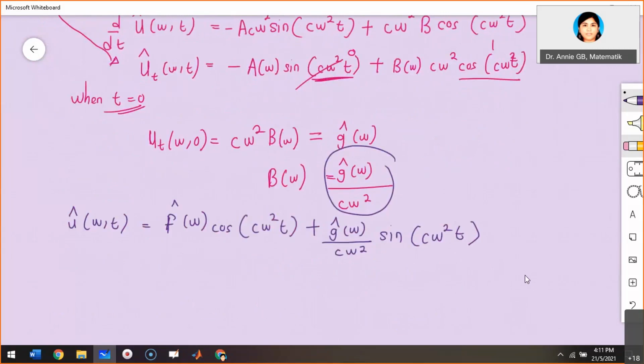Okay, ingat kita buat Fourier transform tukar kepada omega dan t. Kalau kita ambil inverse Fourier transform, semua ni u hat omega t akan jadi u x t. Dan inverse ni definisi, kalau you tengok Fourier transform definition dalam video saya, to take the inverse, saya kena tulis just to remind you. Let me just show you.